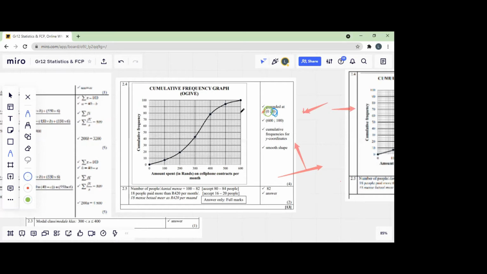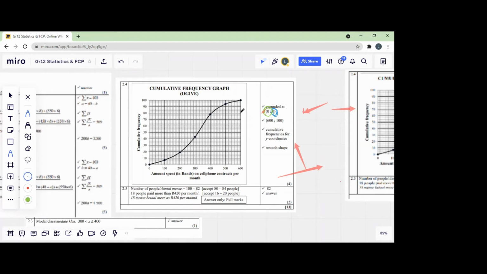Okay, so the last question says we had to work out the number of people that paid more than 420 Rand a month. They would want you to use your graph to answer this question. So you would take your ruler, which is a little more difficult for me because I don't have one, and you would go to 420.